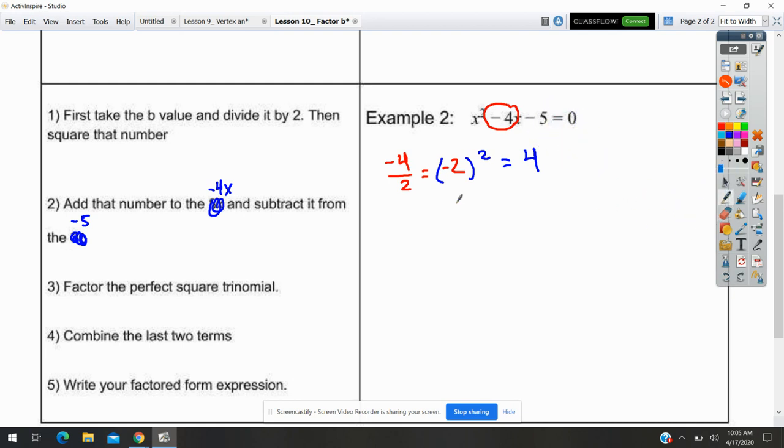So we have x squared minus 4x. Now I'm going to add that 4, our new value here. Rewrite that negative 5 that we had originally and subtract the 4 from it.